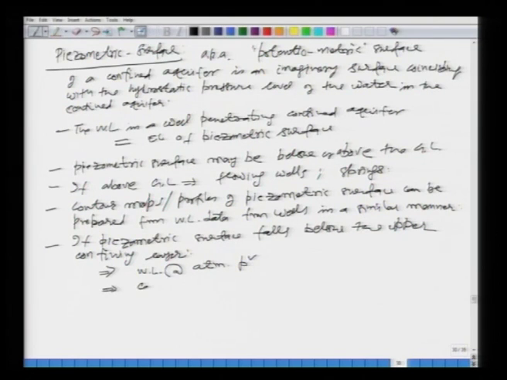That would mean your confined aquifer actually becomes unconfined.